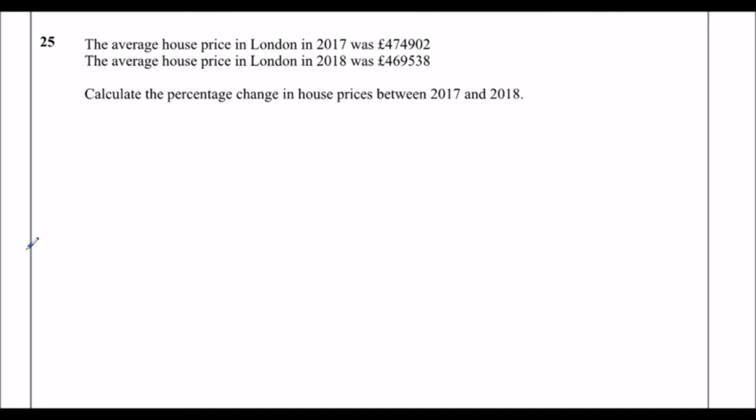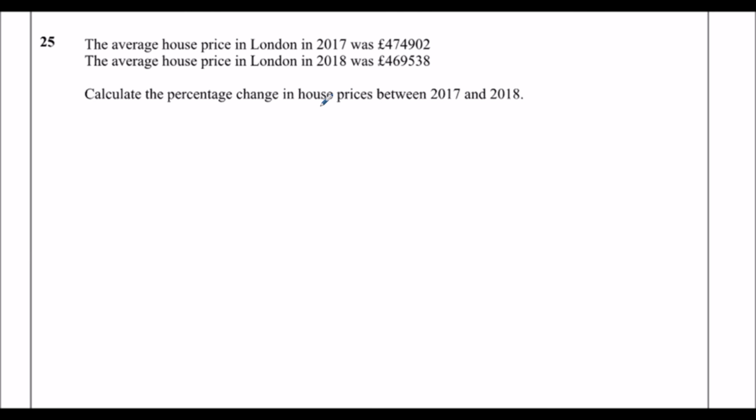Question 25. The average house price in London in 2017 was £474,902. The average house price in London in 2018 was £469,538.